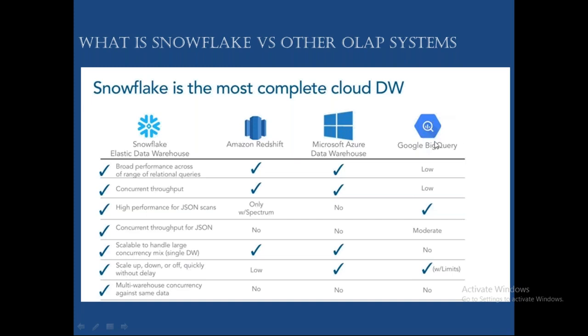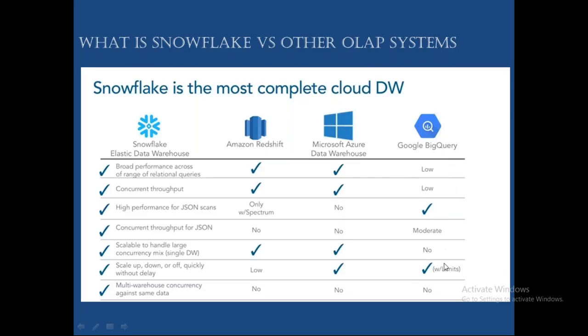In Google Cloud we have Google BigQuery. So we have data warehouses in different clouds, but Snowflake you can host on any cloud, and it has all these features. If you look at Redshift, Azure data warehouse, and BigQuery, some of the features are missing.